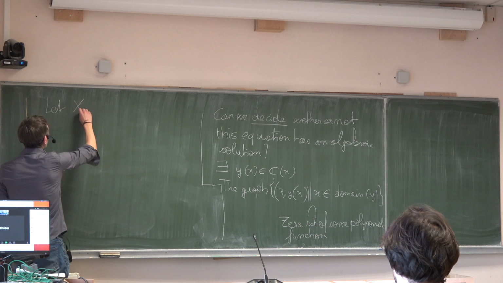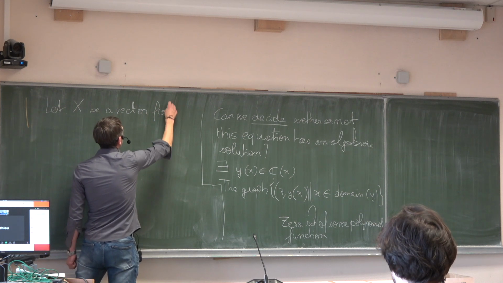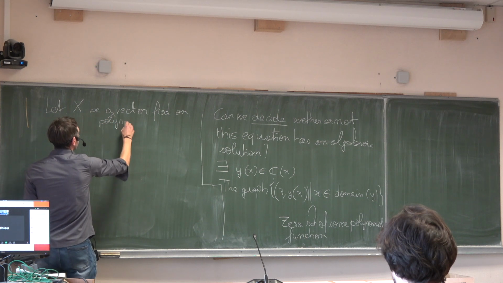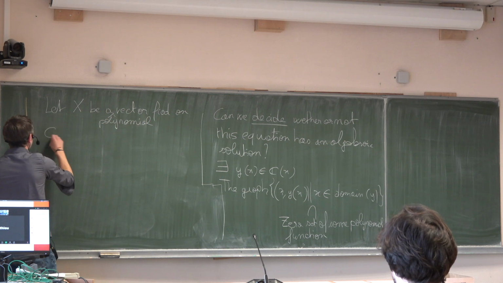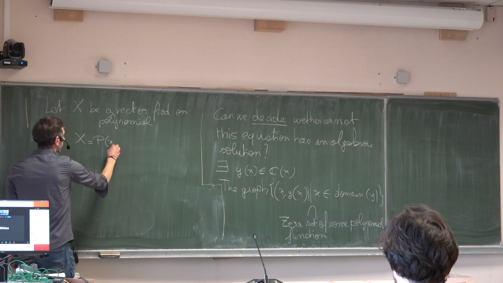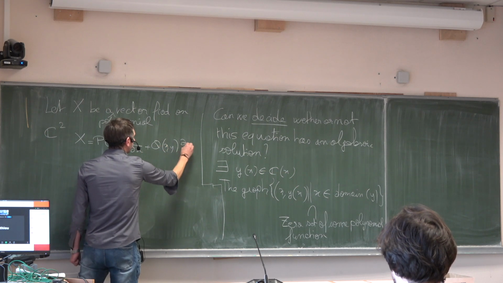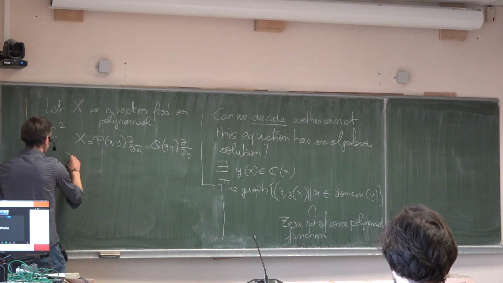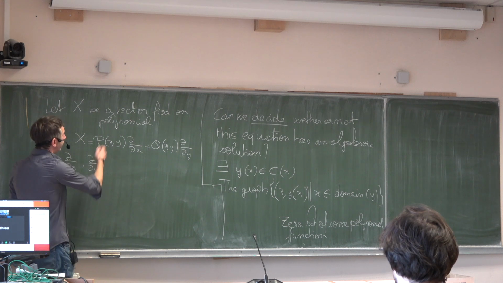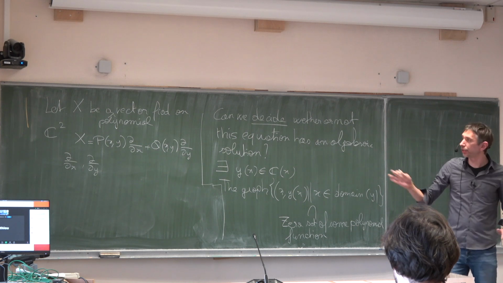So the objects I'm going to study in this talk are vector fields on C2. So let X be a polynomial vector field on C2, and you can write it down this way. And these two guys, d over dx and d over dy, are sections of the tangent fiber bundle, and this fiber bundle on C2 is trivial.